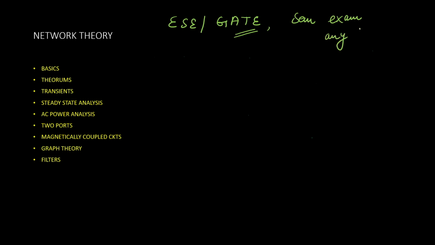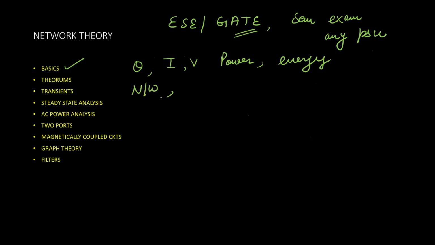First of all, we will start from the very basics. Initially we will learn about what is charge, then current, voltage, power, and energy. After that we will learn about what is network and circuit, and the difference between these two terms.